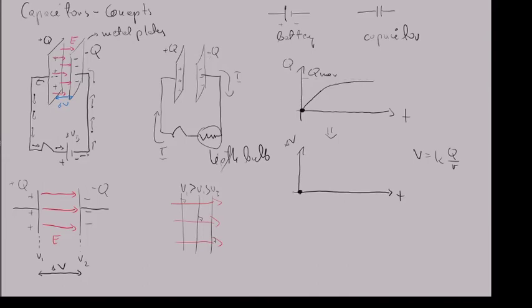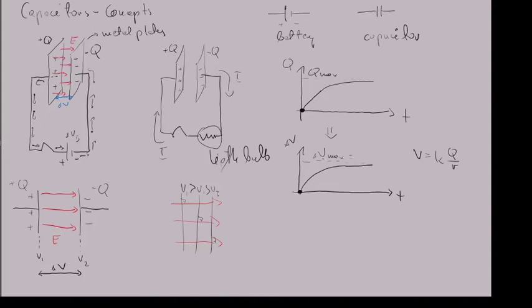But then as you start piling up the charges on the two plates, the potential difference shows up, and it's going to increase. The bigger the plus, the bigger the minus, and therefore the bigger the potential difference between the two. So you should expect this graph to mimic the graph of the charge above, and it will also level off at some maximum voltage.